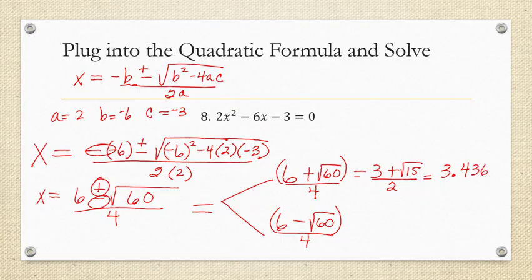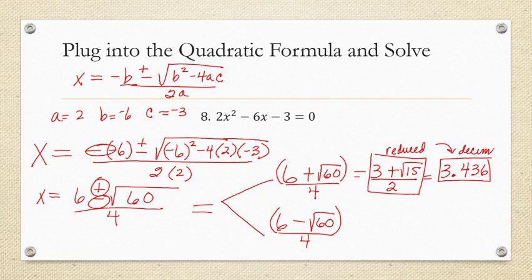I'm not sure on Delta Math if it wants it reduced. This would be reduced, and this would be decimal. So see what Delta Math wants.